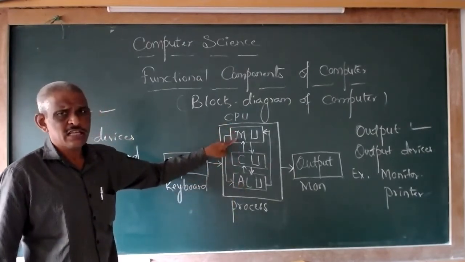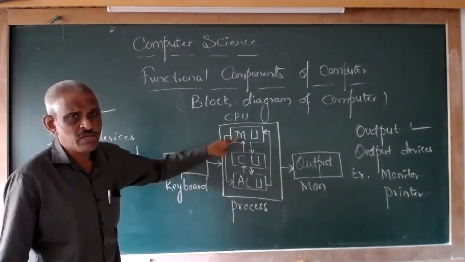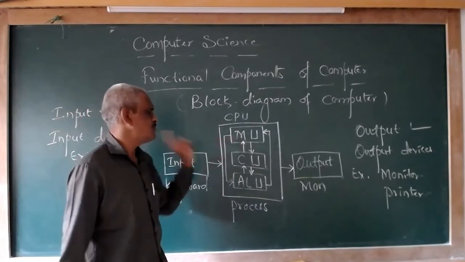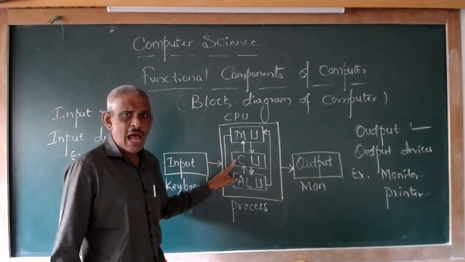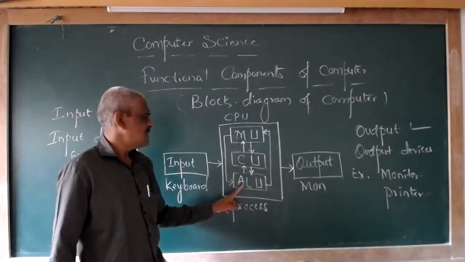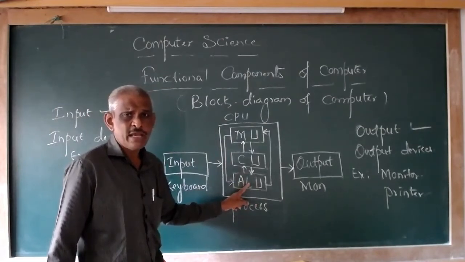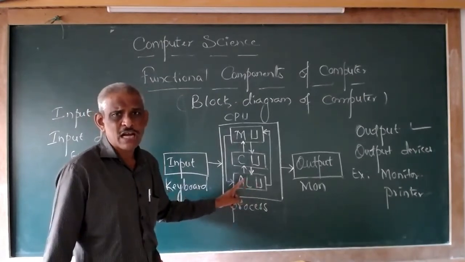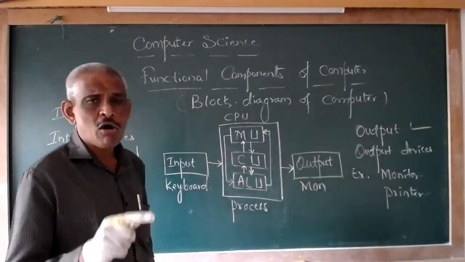The memory unit is responsible for storing data, instructions, and even information, either temporarily or permanently, depending on the user instructions. Then, control unit. This unit is going to control and coordinate each and every operation performed by the computer. Then ALU, arithmetic logic unit. This unit is responsible for performing any type of calculations. For example, the arithmetic operations like addition, subtraction, multiplication, and division, and the logical operations like AND, OR, NOT.